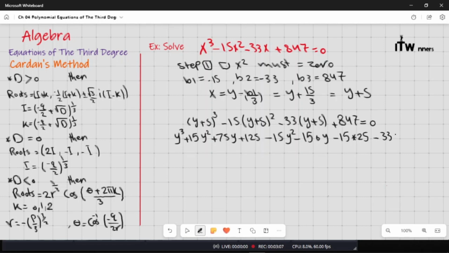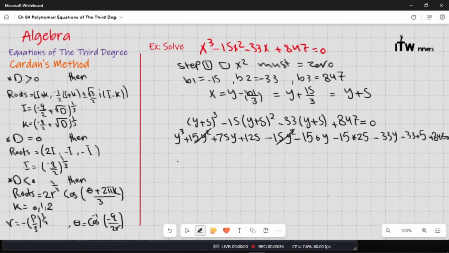So we have here 33y, here minus 33 into 5 plus 8 or 7 equal to 0. Okay, so we just notice that here plus 15y squared, here we have minus 15y squared.